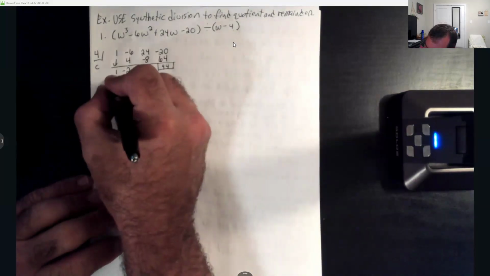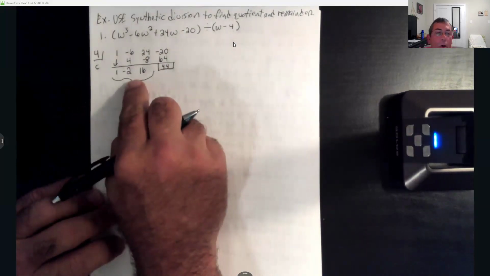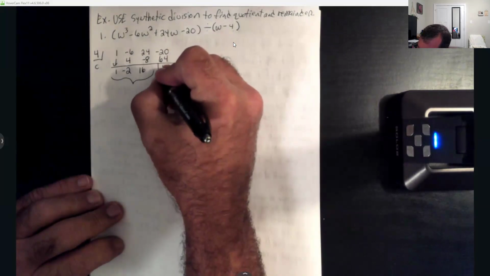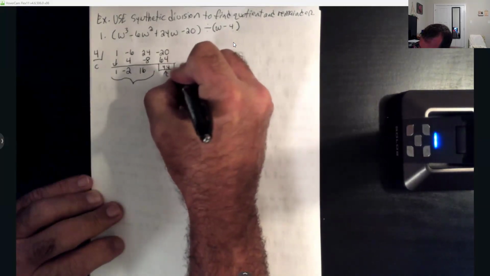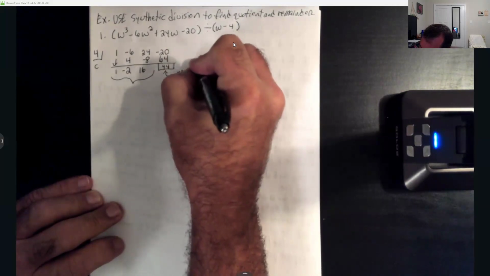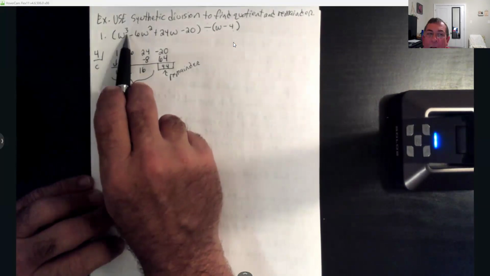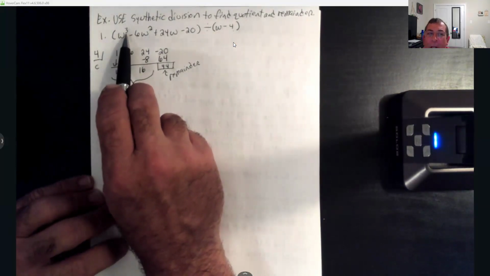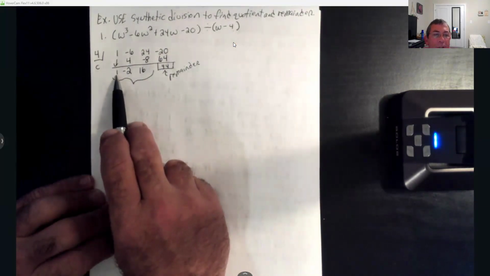So this part right here is my quotient. This right here is my remainder. Now we said the quotient started out 1 degree less than the original. So if the original is a w to the third, this will be a w squared.